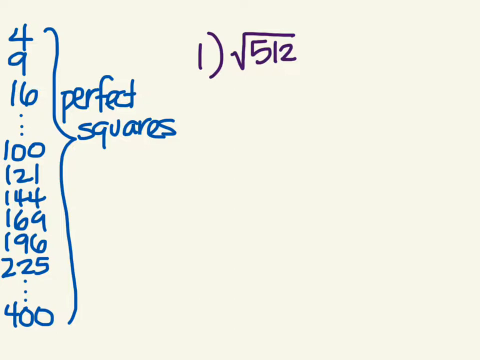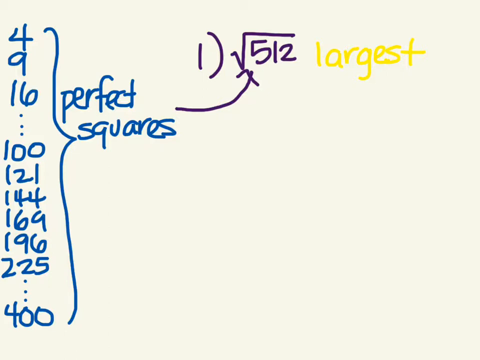In this situation, you're going to see what is the largest perfect square that divides evenly into 512. You have to think about the largest one because a lot of them will go in there, but the key is to pick the largest one. If I check them, 4 goes in there, 16 goes in there, 64 goes in there.